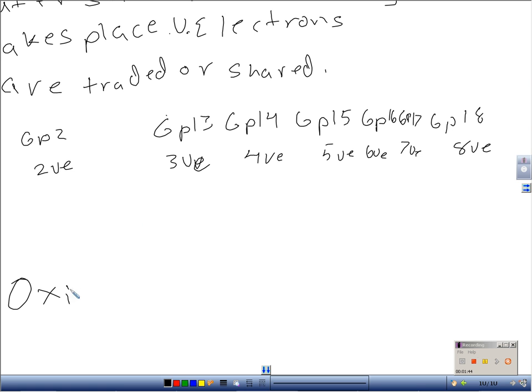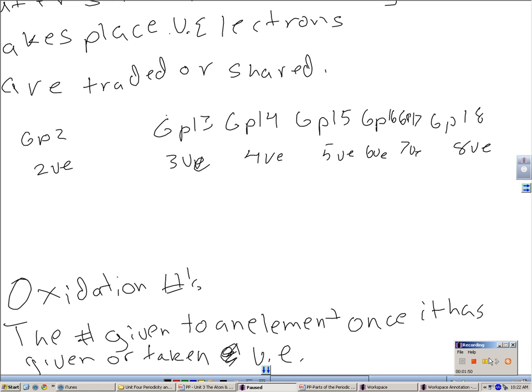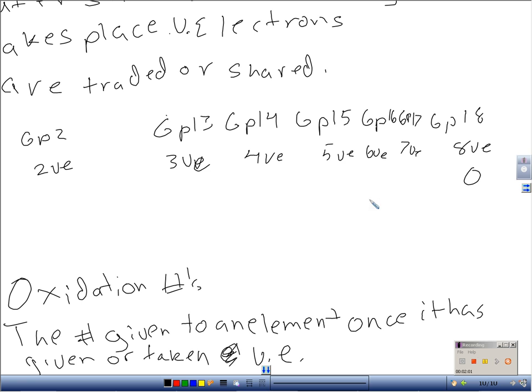Oxidation numbers are the numbers given to an element once it has given or taken valence electrons. So that's usually what occurs in bonding. Now, group 18 is going to have 0. Group 17, the oxidation number is -1.